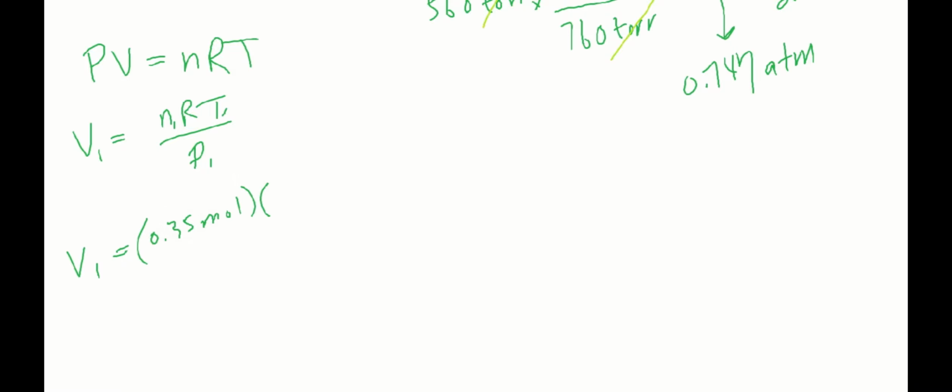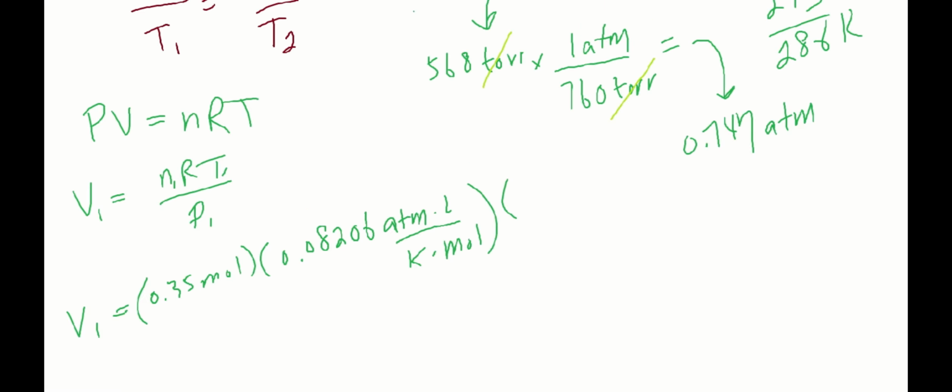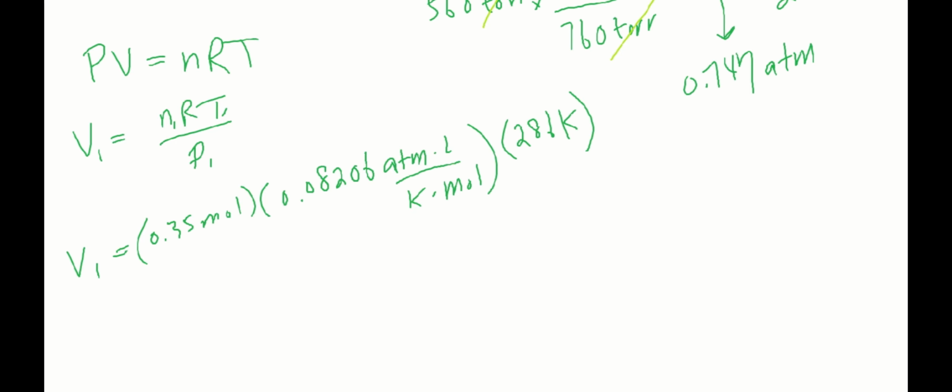The universal gas constant we need is the one with atmospheres. And temperature we just converted earlier, 286 Kelvin. And that's all going to go over the pressure, which we converted to atmospheres.